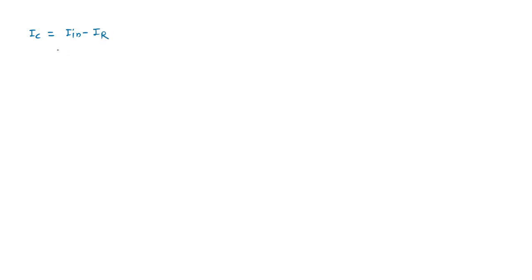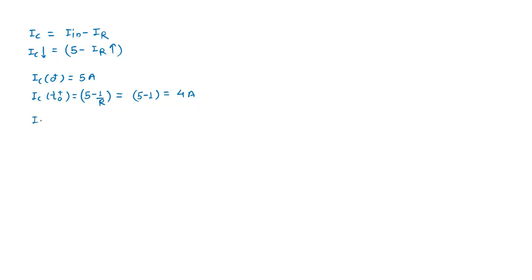So the input is a constant value of 5 and IR is increasing with time. As IR is increasing with time, IC is reducing with time. Initially, at t equal to 0 positive, IC was 5 ampere. At t equal to t0 positive, IC was 5 minus 1 by R, where 1 is because I assumed that the capacitor is charged to 1 volt. That's why, for R equal to 1, it is 5 minus 1, which is 4 ampere.